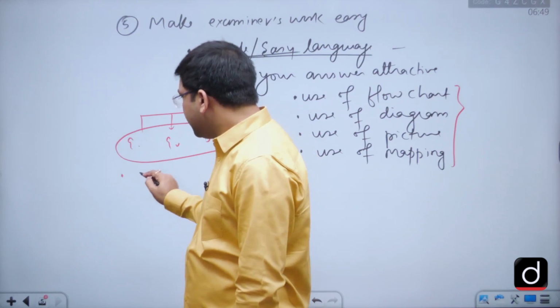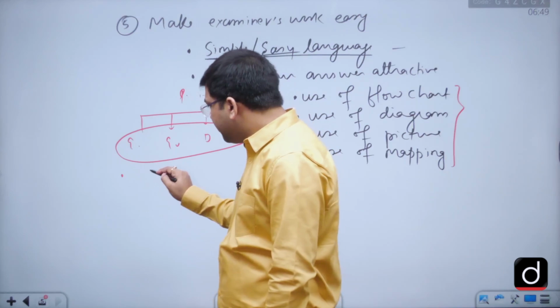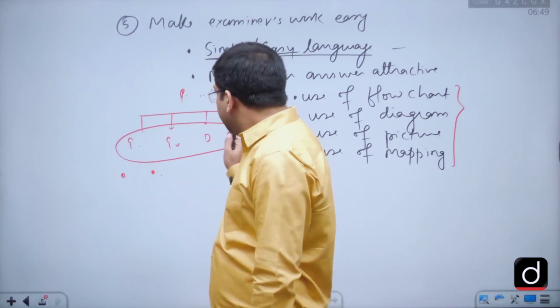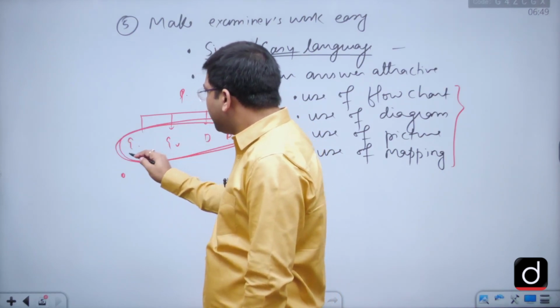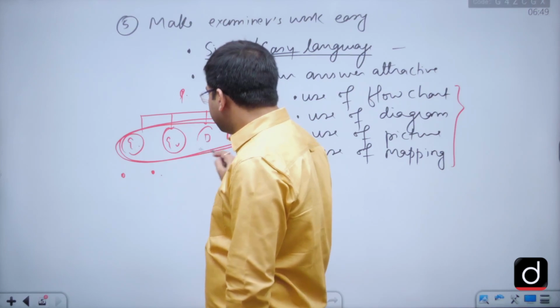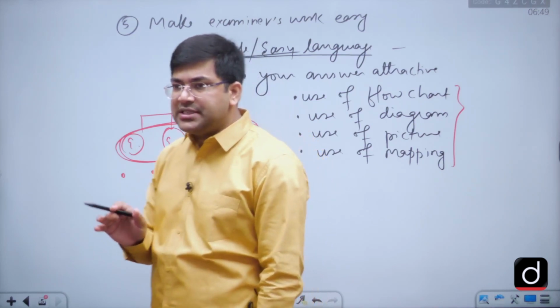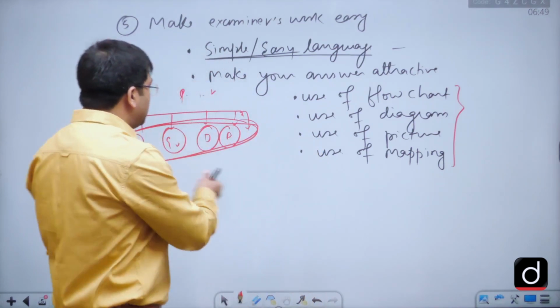Now start writing your answer, giving out your points here. The examiner or anyone will understand that you will be talking about these dimensions. So dimensions are very important in the mains examination, which is not required in the prelims examination.